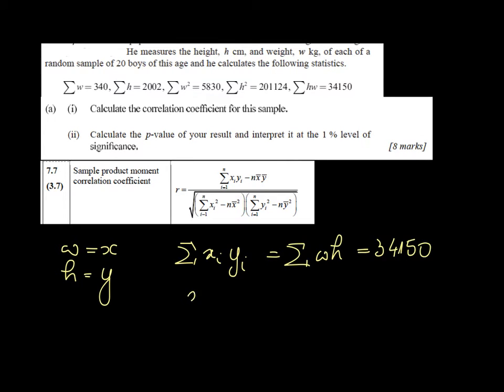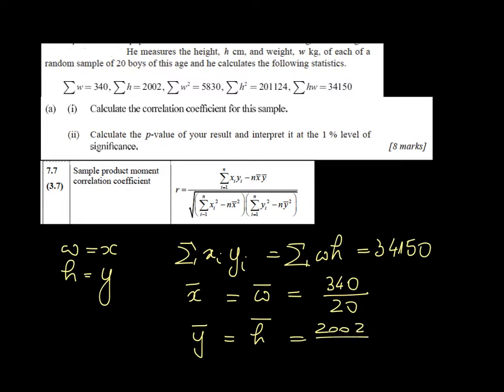I also have the mean of x, which is the mean of w, and it's 340, the sum of all values divided by the number of values. The mean of y is the mean of the heights. The sum of the heights is 2002 over 20.